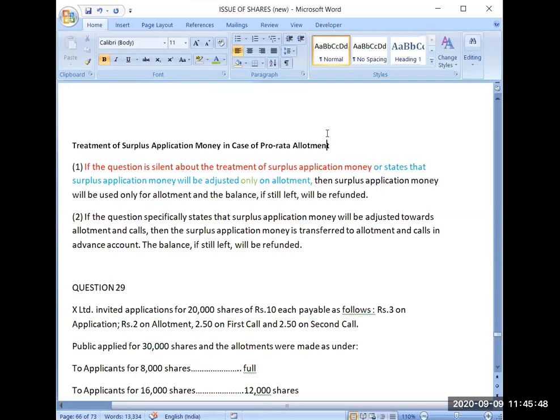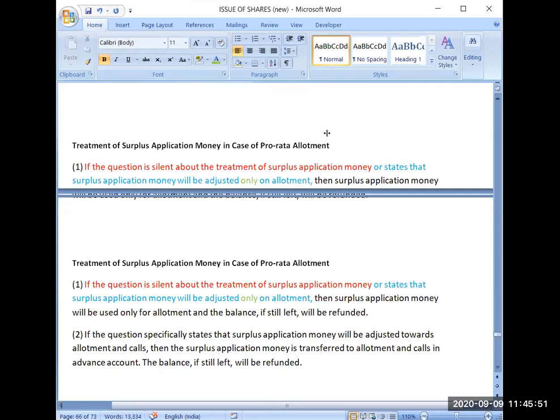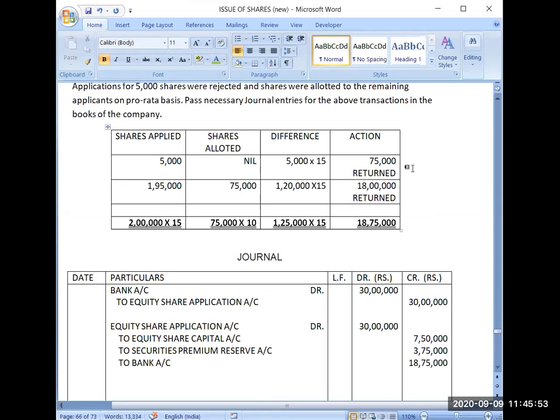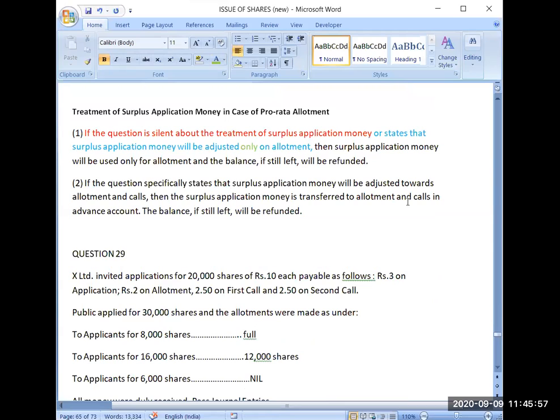So either the question is saying that you can use the excess money only on allotment, or if the question has not told you anything about how to use this excess application money, then the surplus application money will be used only for allotment, and the balance, if still left, will be refunded.